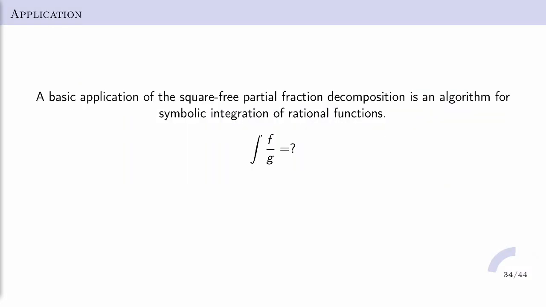And these are the methods that I will, to some extent, explain today in the rest of this lecture. We are given a rational function and we want to find the antiderivative of this function.